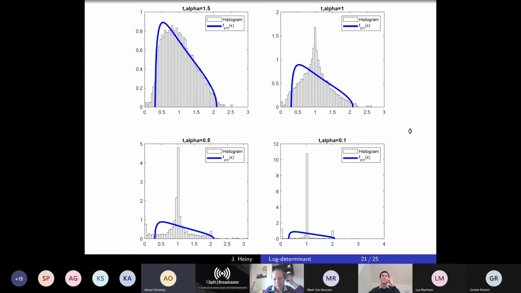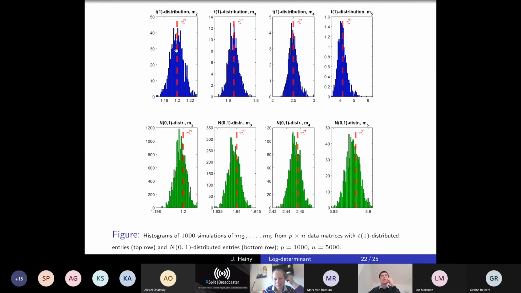Something in this direction, maybe. What you can see from these plots here is that there's a lot more variance involved than in these light-tailed cases, when you have a finite fourth moment. And so yes, there is.